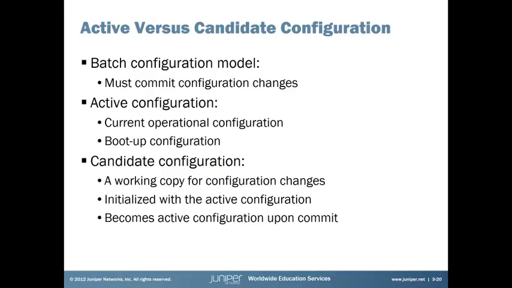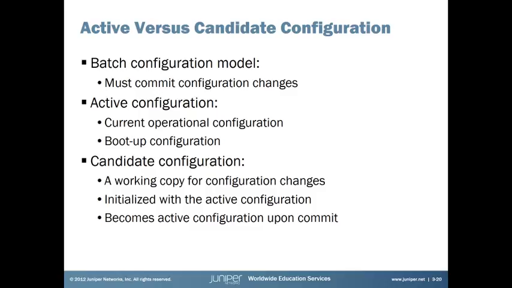Before you type commit, it's called the candidate configuration. As soon as you go into configuration mode, the current configuration gets copied as the candidate configuration. Any changes you make, you are not changing the running configuration. You are changing the candidate configuration.